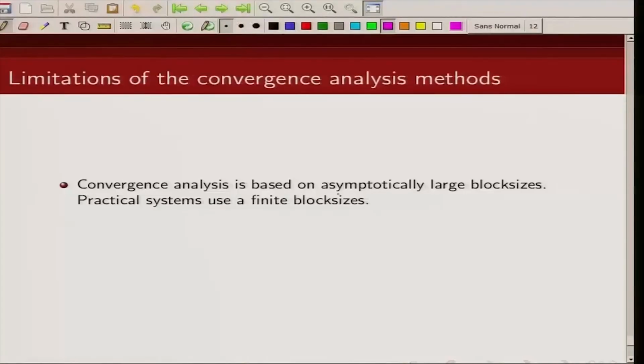Now, what are the limitations of this analysis approach? Now, this approach assumes that we have very large block sizes. So, this convergence analysis results hold for very large block sizes, but in practical systems we use small size block sizes.